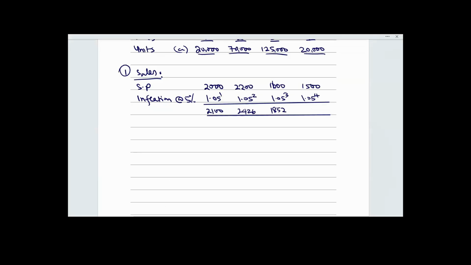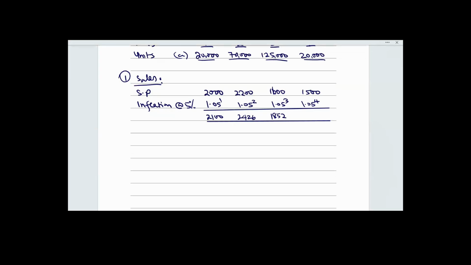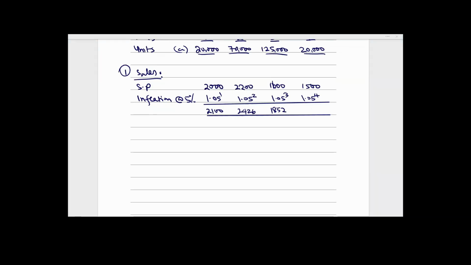The fourth year, 1.05 raised to power 4 multiplied by 1500 is 1823. So with this, I've inflated the selling price.